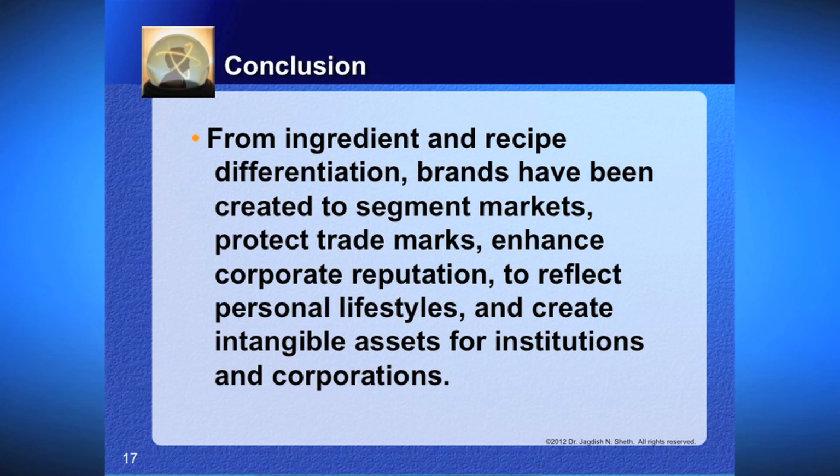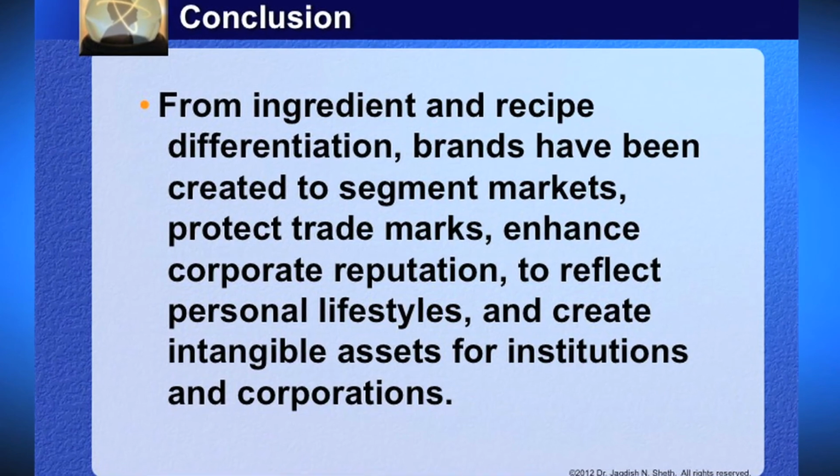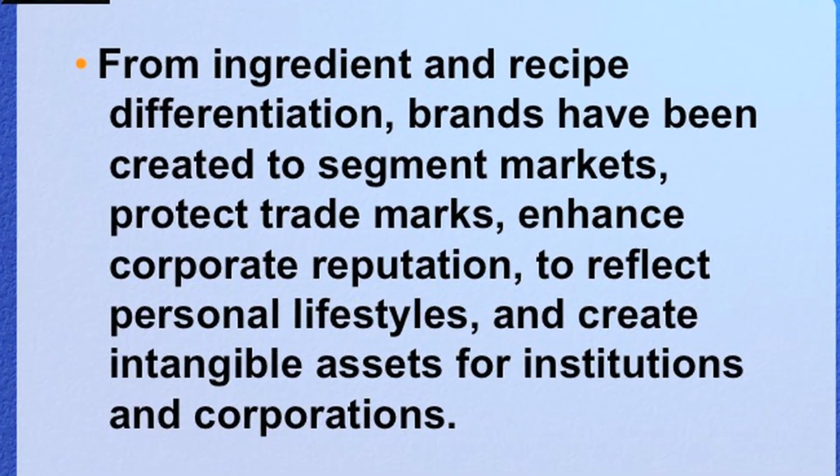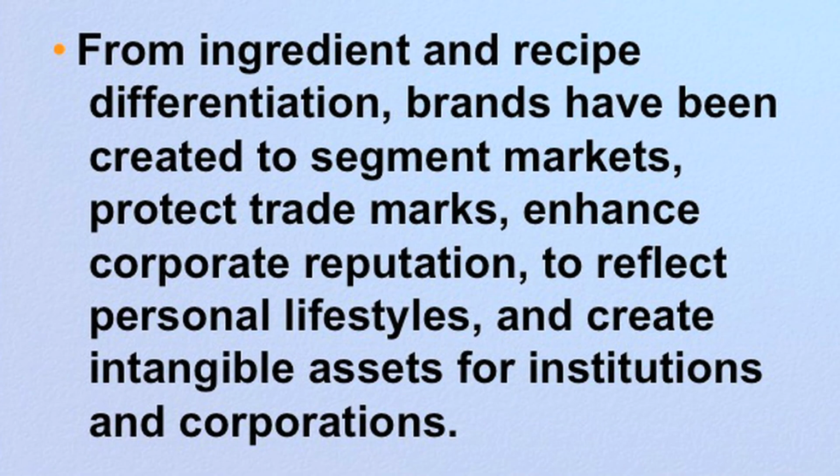From ingredient and recipe differentiation, brands have been created to segment markets, protect trademarks and copyrights, enhance corporate reputation, to reflect personal lifestyles, and create intangible assets both for institutions, non-profit or not-for-profit, such as universities, for example, such as the NGOs that we talked about, as well as for corporations.